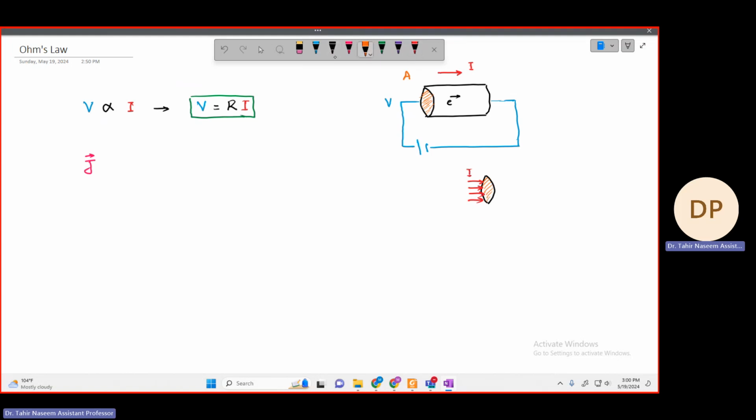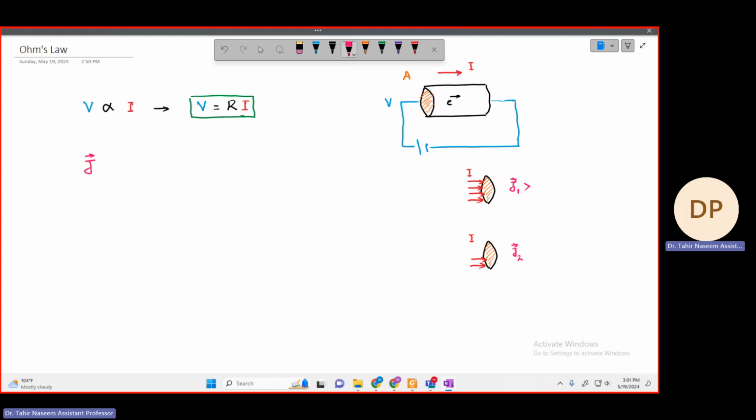And just to give you a comparison, let's suppose I draw the same surface, only this time I say lesser current is flowing. Then the current density in this case, J1, will be greater than the current density in this case, J2, right?